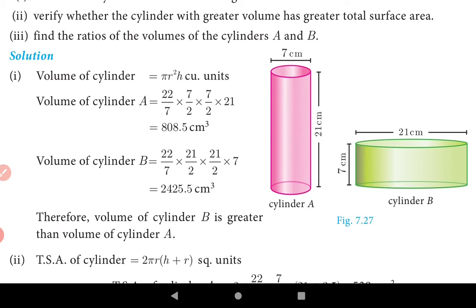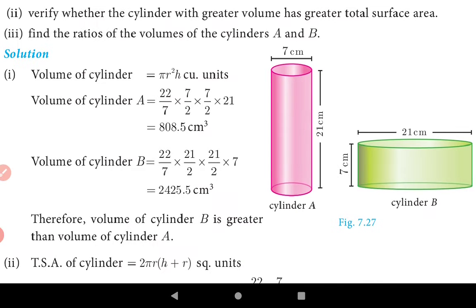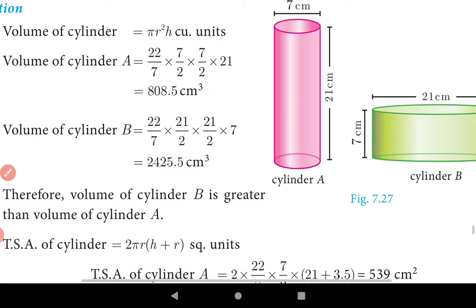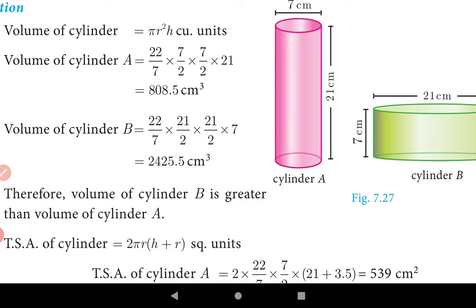As we know, the volume of a cylinder is equal to pi r squared h. Now we can use the measurements given to solve the sum. The value of pi is 22 by 7.